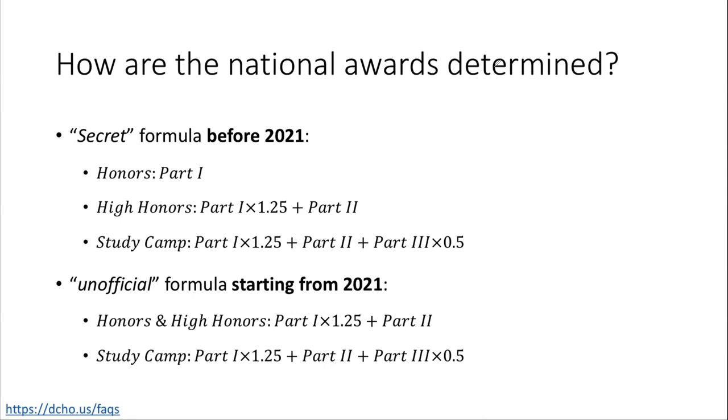So I feel I have some kind of internal pictures from the test writers, but due to some limitation, I cannot directly put them here to show you guys. But I believe there is a cutoff for Part 1. There is also a cutoff for Part 2. That means if you score pretty high in Part 1 but very low in Part 2, you might be disqualified from getting the honors. That's possible.